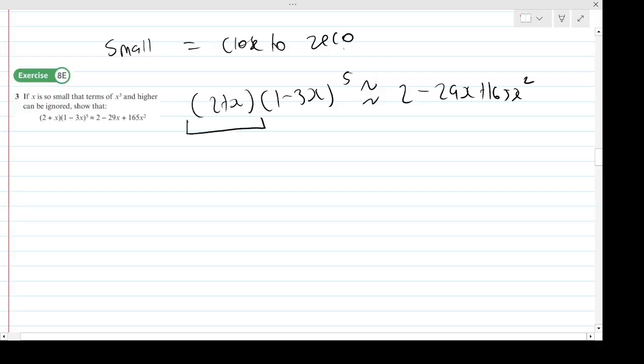Well, again, this bracket on the left, 2 plus x, I can't expand or simplify anymore, but this I can. It's a power of 5. I can use binomial expansion. However, I only want all the terms up to x squared. I don't want any powers of x cubed or more, right? There's no x cubed term. That means in my expansion, I really only need the terms up to x squared, right?